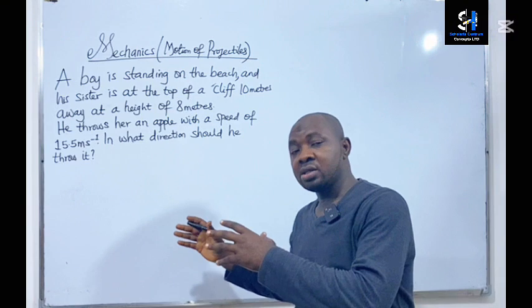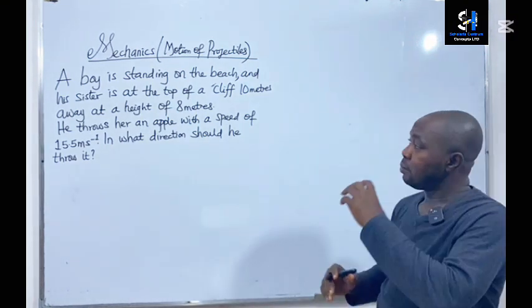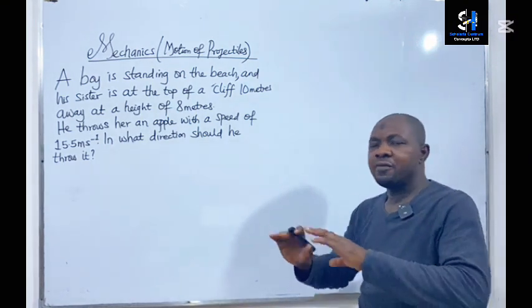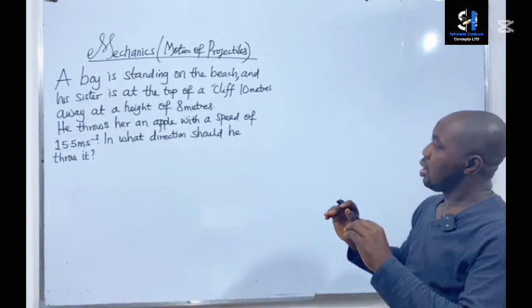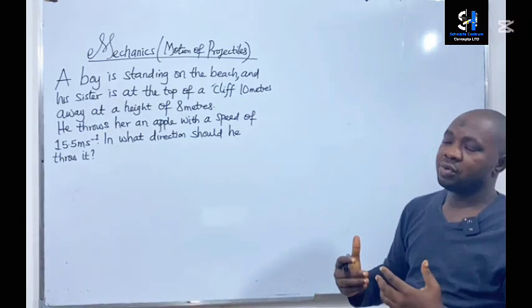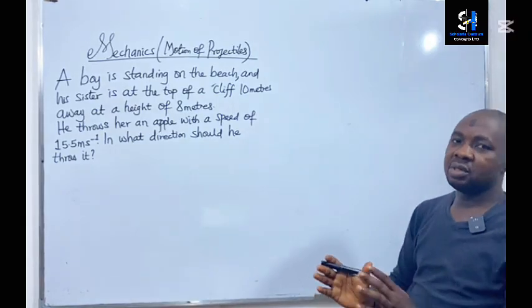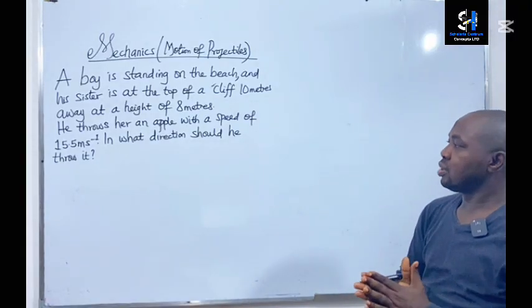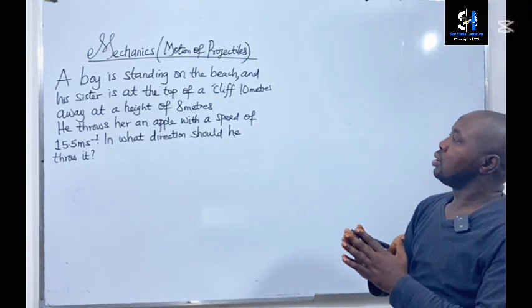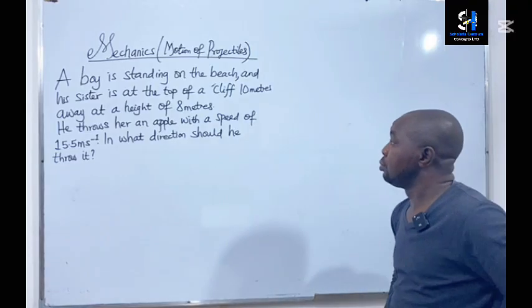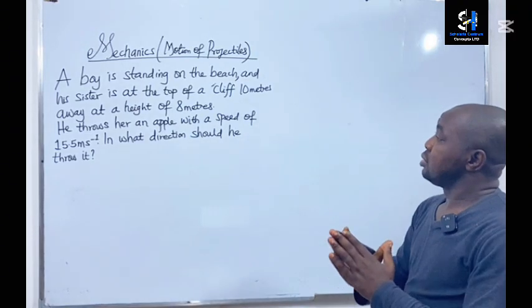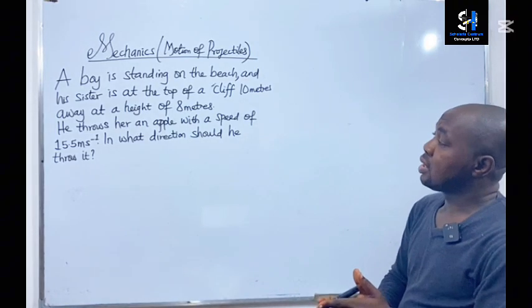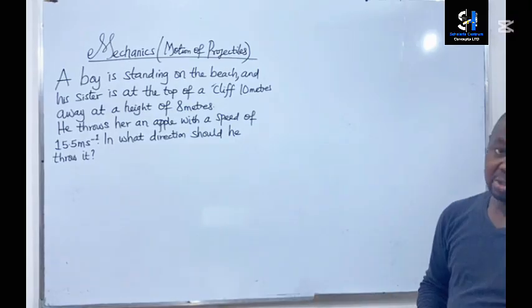Looking at this question, I have not solved it yet, but I'm sure it requires careful examination, looking at it carefully and then at how to navigate. We are given that the boy's sister is at the top of a cliff 10 meters away.